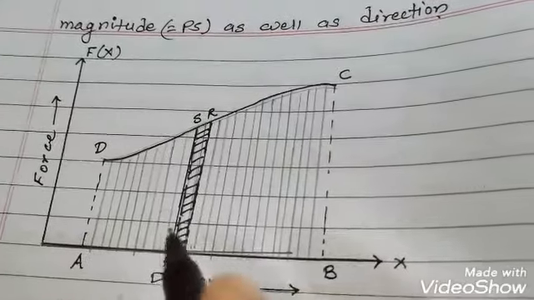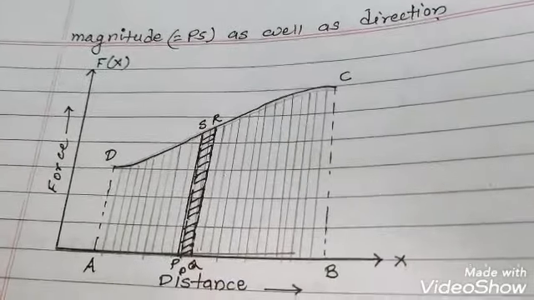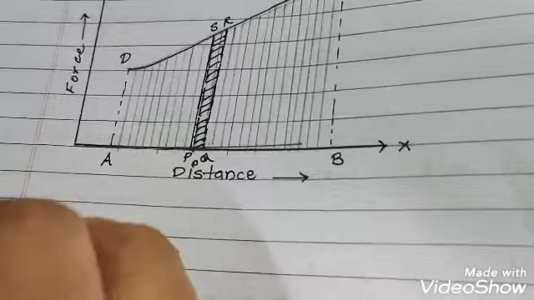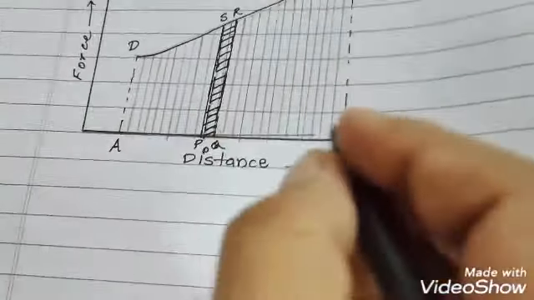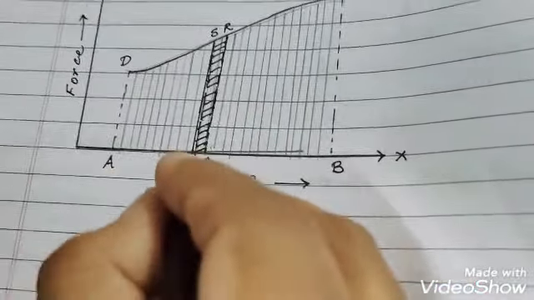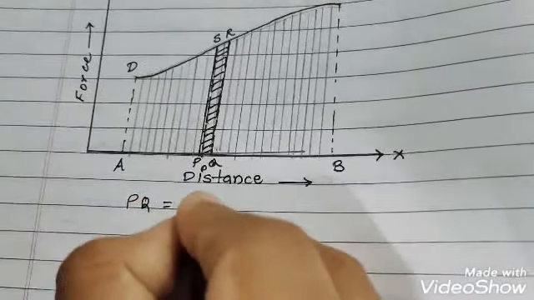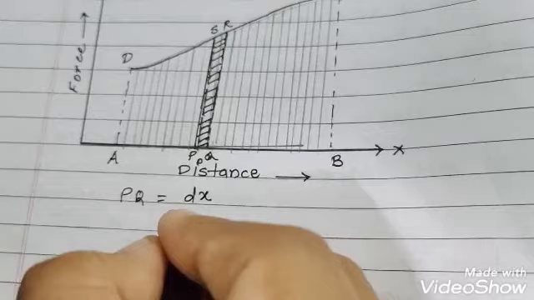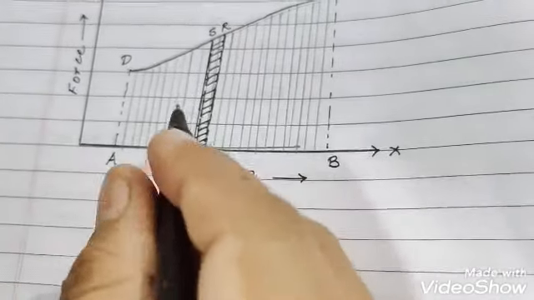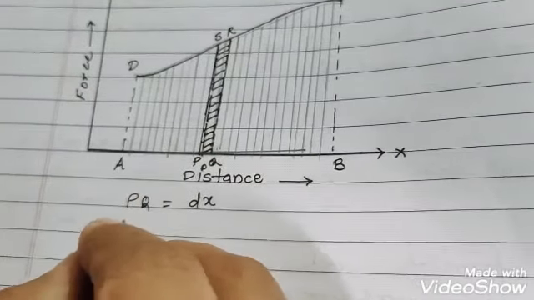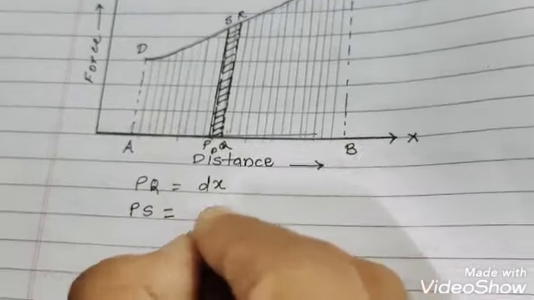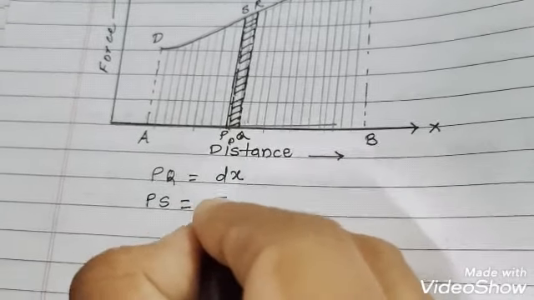So now we'll see the small amount of work done, because the distance is small. This PQ we will consider as a very small distance dx, and the force which we are considering here is PS, that is equal to F, the constant force.